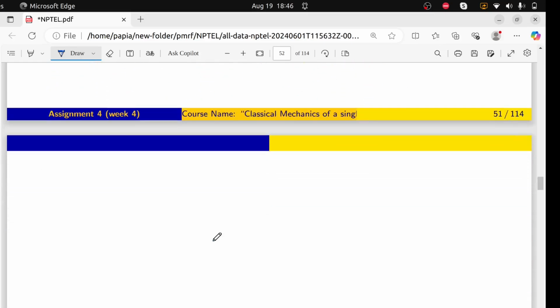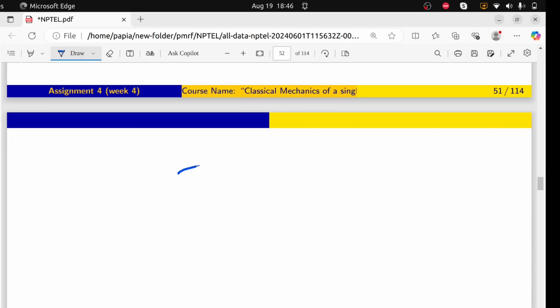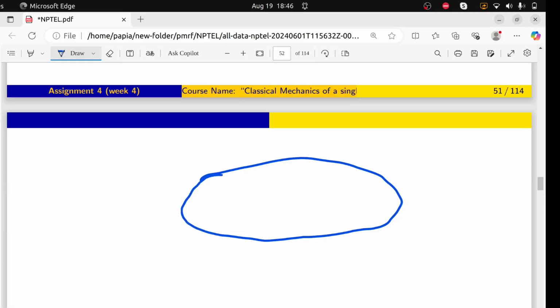So how to know what is semi-major and what is semi-minor axis? Okay. So here, this one is A, this whole one is 2A.